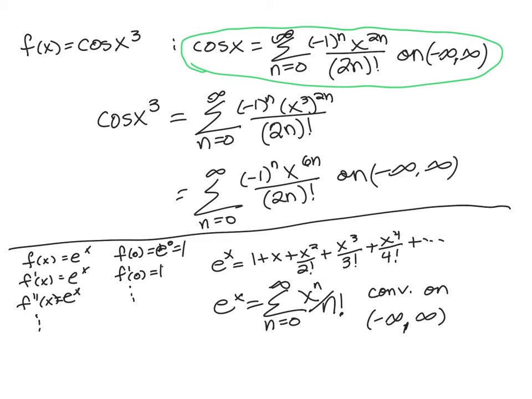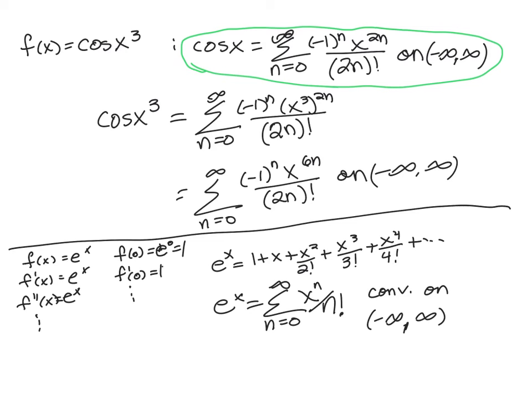So all we're going to do is take this thing that's being raised to the 2n power and change it from plain old x to x cubed. Do you see that? And now x cubed to the 2n is going to give me x to the 6n. And that's as simple as it gets.